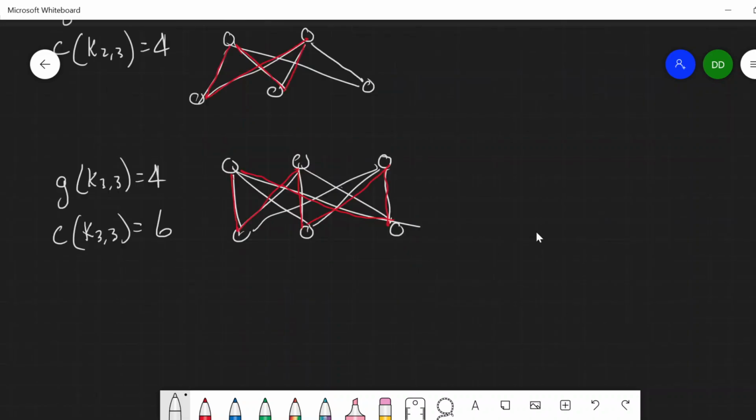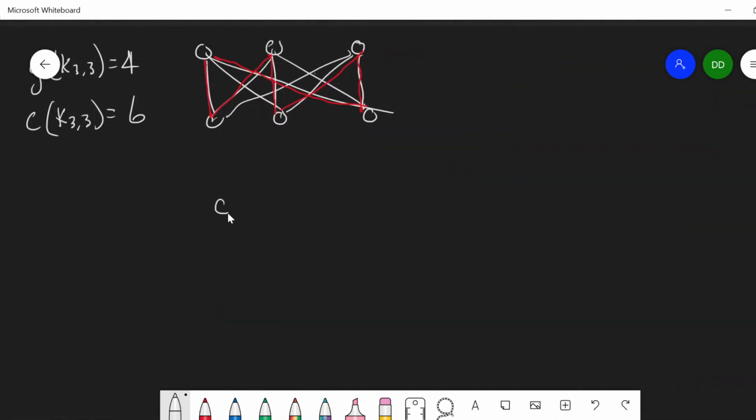So we'd like to uncover what this is in general. For KST, S less than or equal to T, and both at least 2, I'll have S vertices there, and T vertices here. Maybe I have more T than S. But the idea is, all the edges in between these are here.